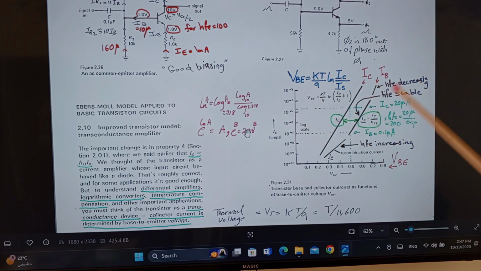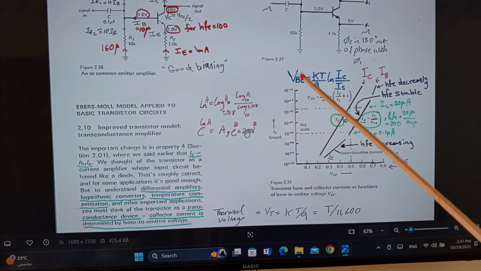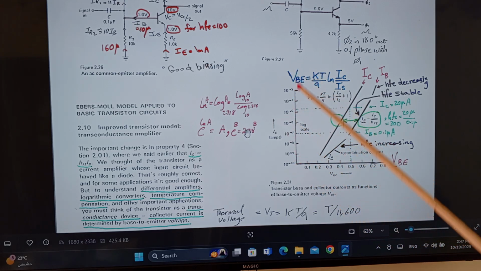Well, I'm interested in actually that straight line in there. See? We have a linear scale in here for VBE, and you have a logarithmic scale in here for IC. And as you see in here, as you increase VBE linearly, IC increases logarithmically, as we see in here. Okay, so this is the idea.